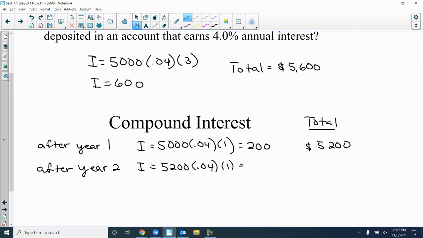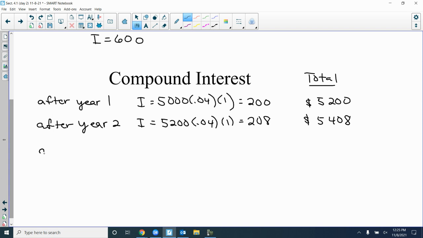The time will be the amount of time between the times you calculate the interest. So it's 5,200 times 0.04 times 1. That's 208. So what's my total now? My total now is 5,408.